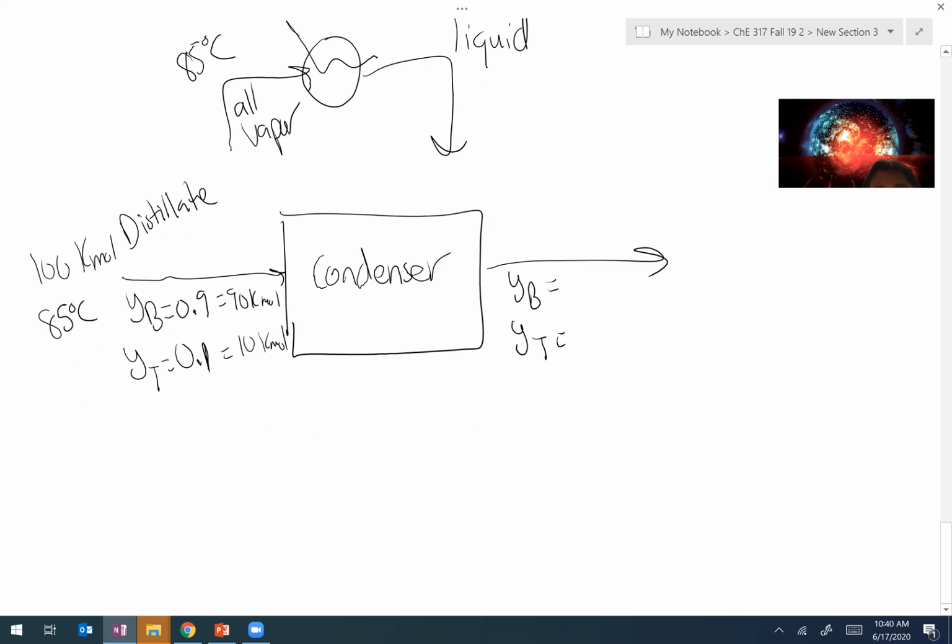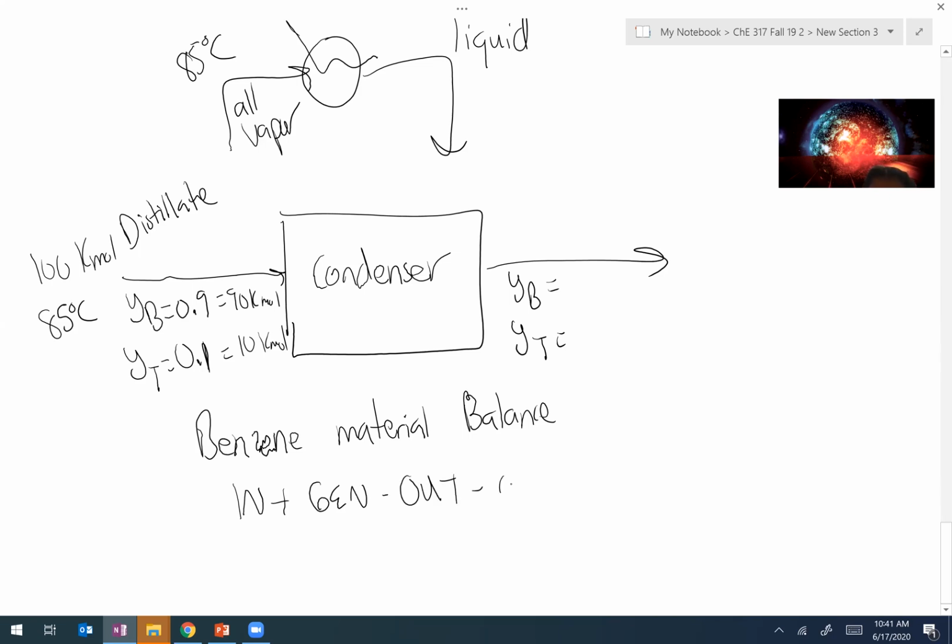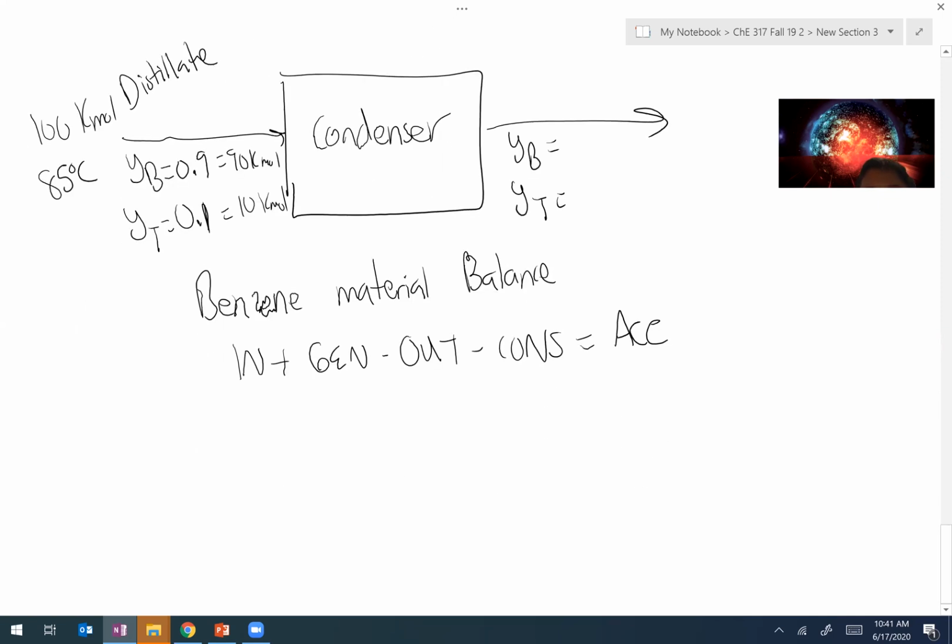Well, if I look at a benzene material balance, in plus generated minus out minus consumed equals accumulation. What am I looking at?